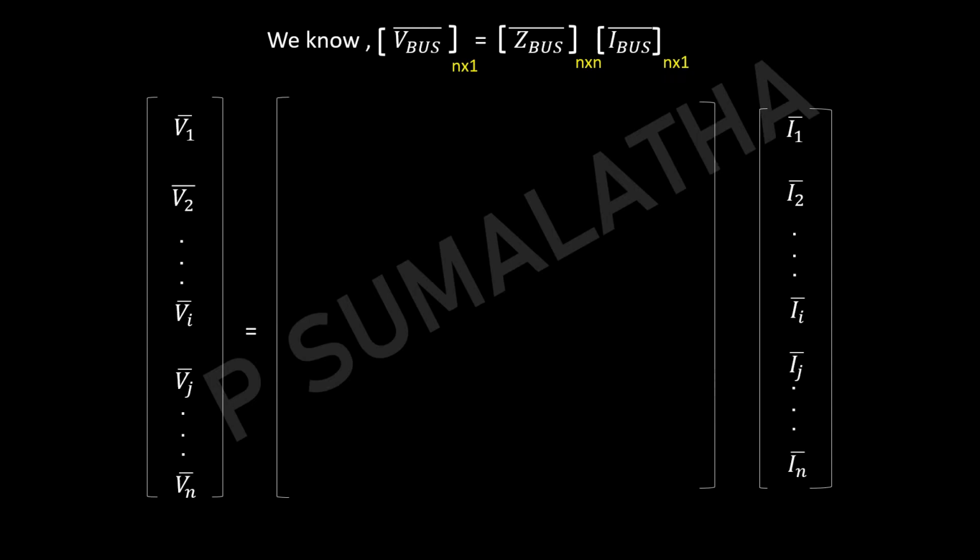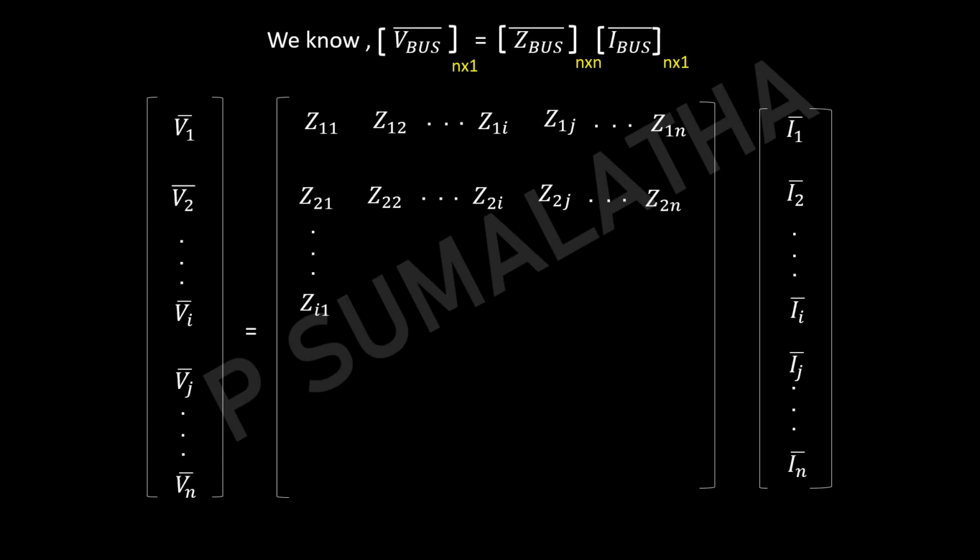Now the Z bus matrix: between V1 and I1 it is Z11, V1 and I2 is Z12, and so on. V1 to Ii is Z1i, Z1j and so on, Z1n. Similarly, you can fill in the respective Z matrix values.